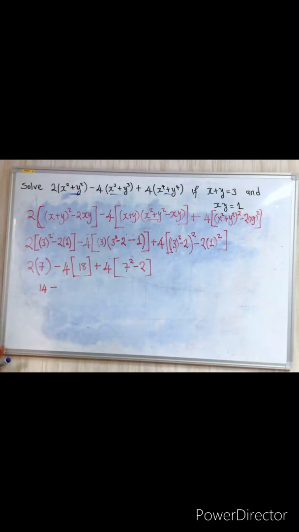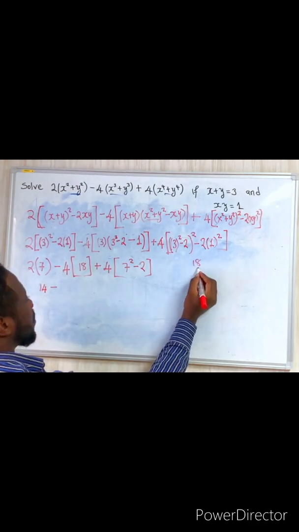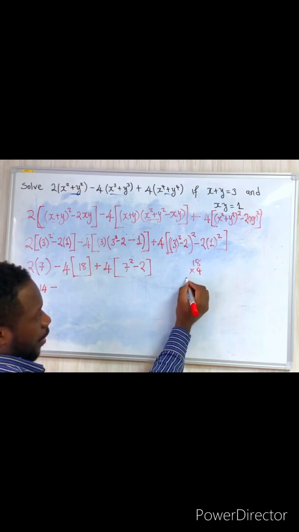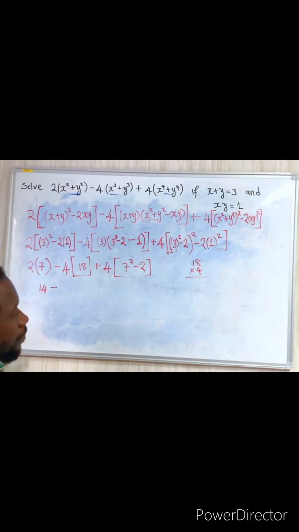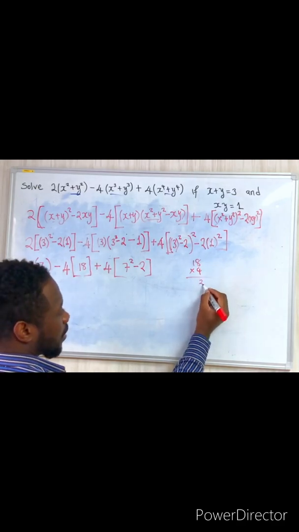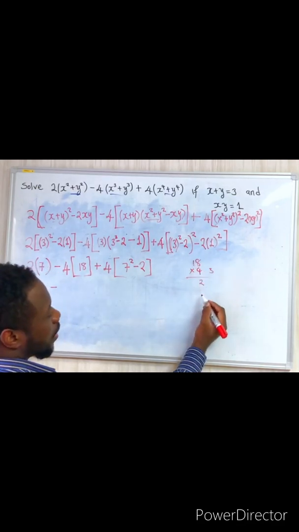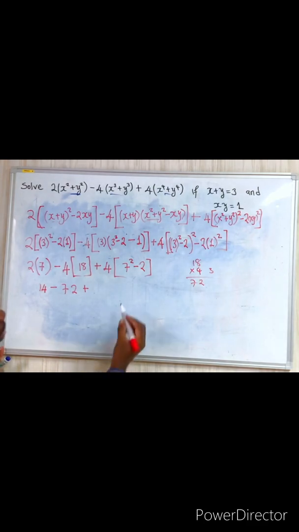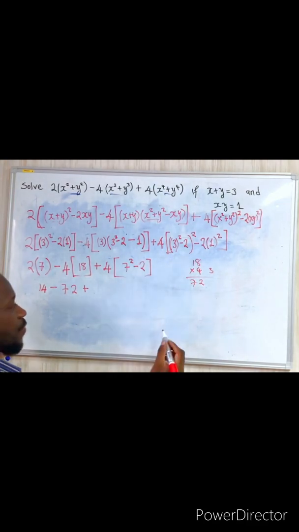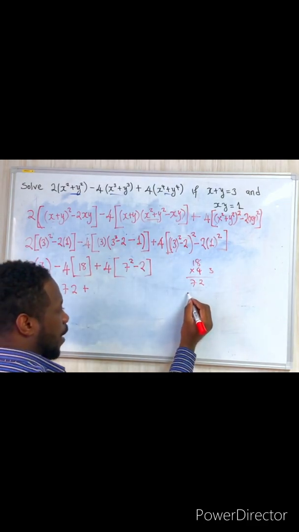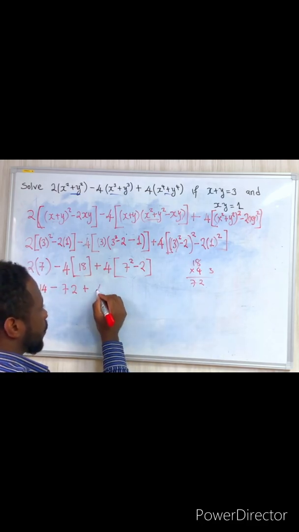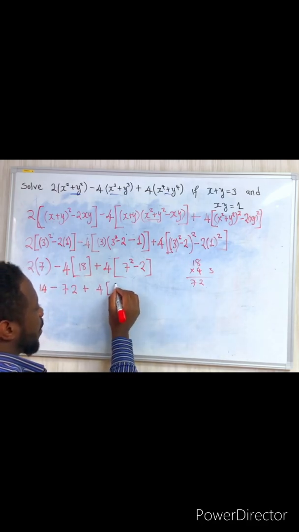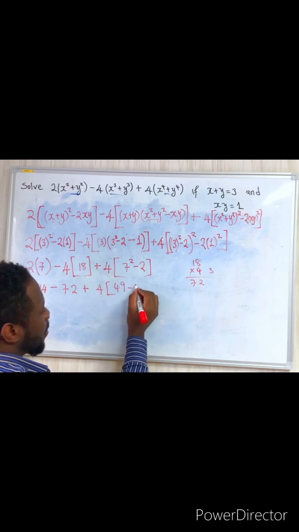14 minus what we have is 18 multiplied by 4. So this one will give us 32, and that one will give us 72. So 72 plus, what also do we know? 7 to the power 2, or 7 squared, that will give us 49. So we have 4 in bracket 49 minus 2.